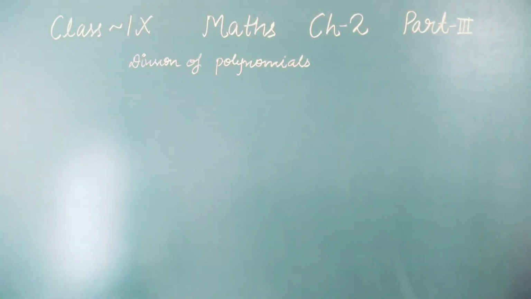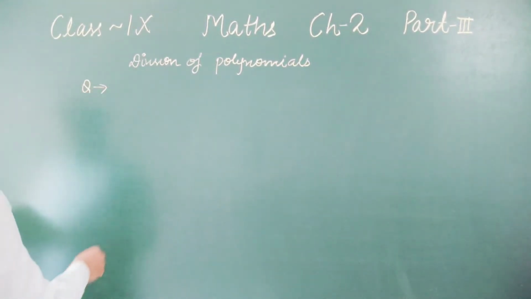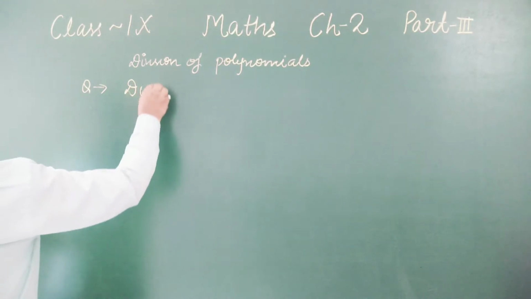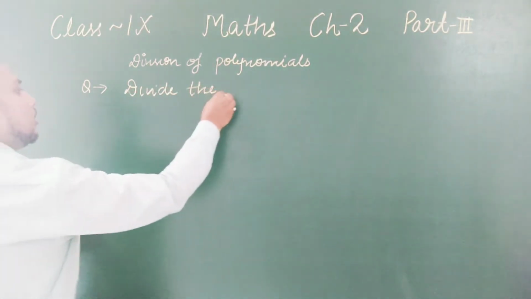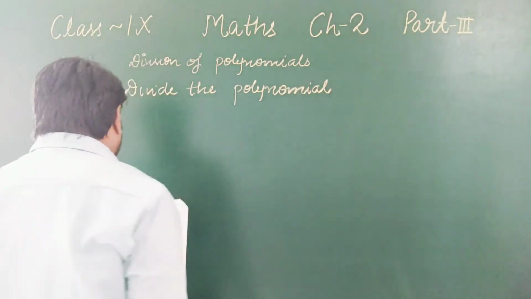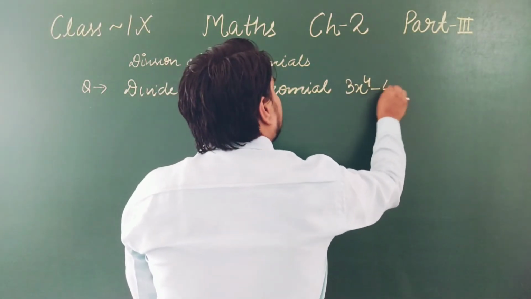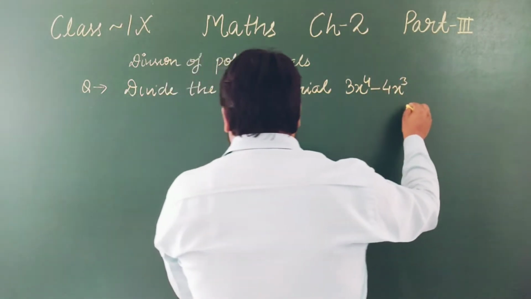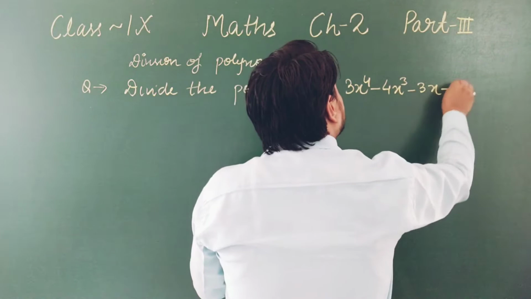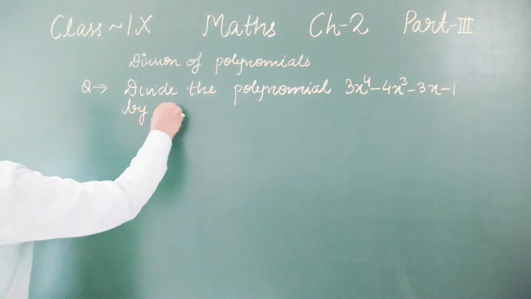Suppose any question is there for division, like the question is divide the polynomial 3x to the power 4 minus 4x cube minus 3x minus 1 by x minus 1.